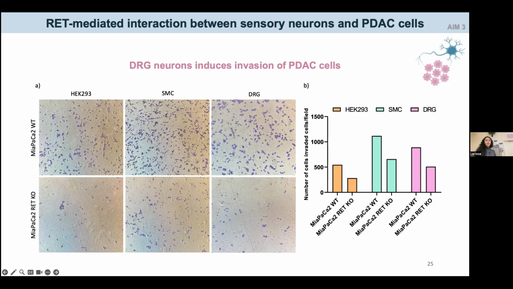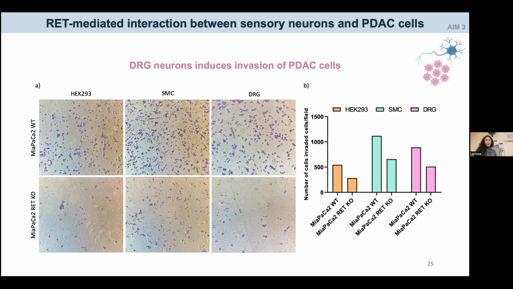In this assay, the upper part of the membrane was seeded with either MIA-PaCa2 RET knockout or wild type, while the bottom of the plate was seeded with HEK293, which were our negative control, SMC cells, which are known for secreting GFL, so it was our positive control, and then our DRG neurons.